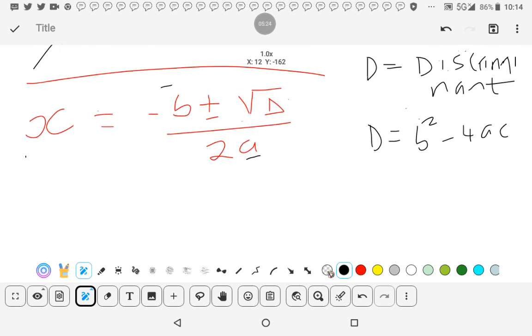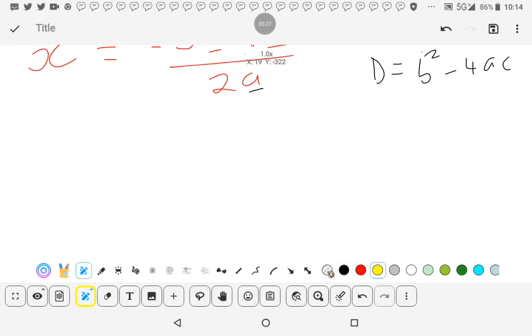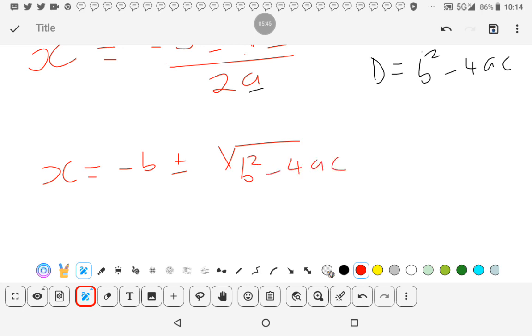So the general form can also be written as x is equal to minus b plus or minus the square root of d. Instead of writing d, I can write b squared minus 4ac, that is 4 times a times c, divided by 2a.